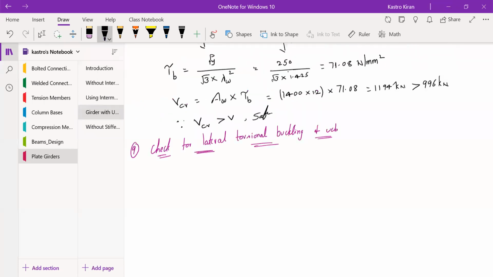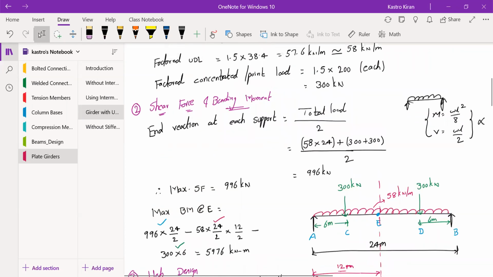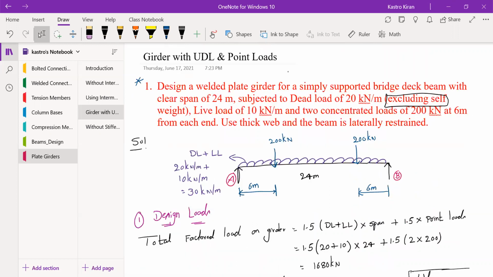So at what part of the question you can look and you can say whether this check is required or not. Suppose in the question, if you find anywhere this particular statement, that is laterally restrained. If you find anywhere in the question this particular statement, the beam is laterally restrained or the girder is laterally restrained, then you don't need to do this check.